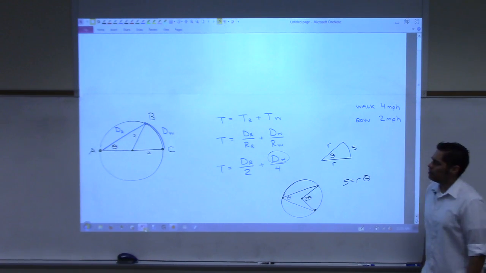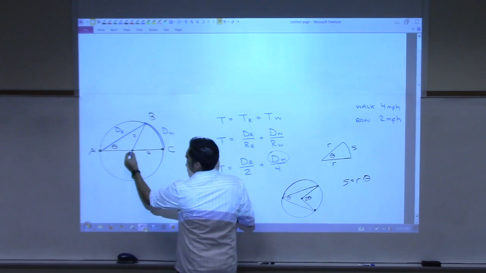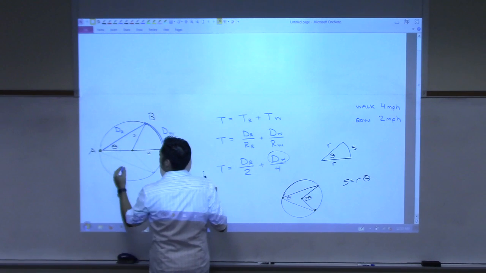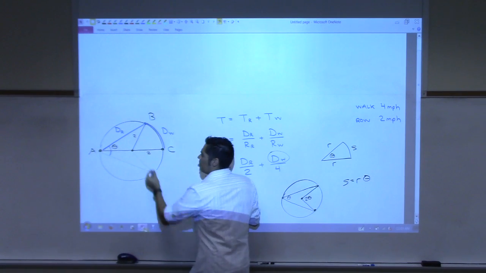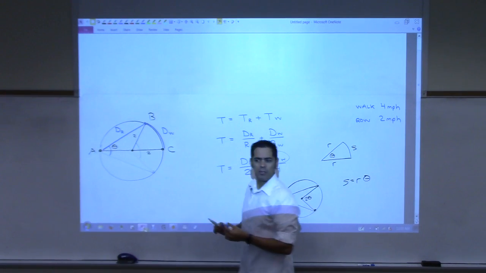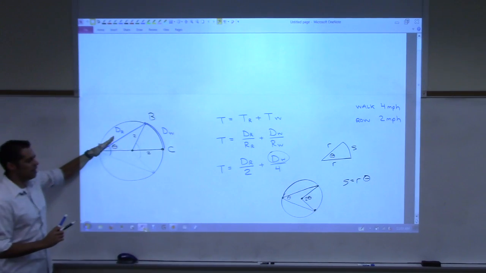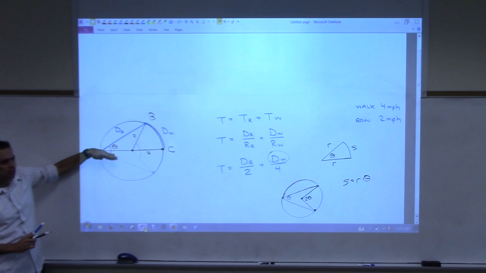Understand? So imagine, if you will, that I had another point coming out like this and going back like this, then whatever this entire angle is, this one would be twice that much. Understand? So if this is theta, then the whole thing would be 2 theta, right?